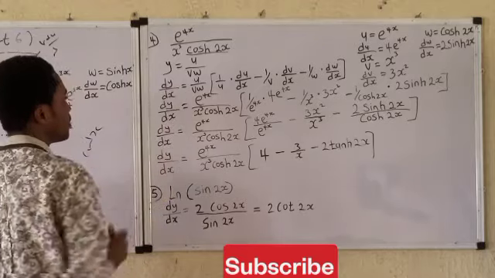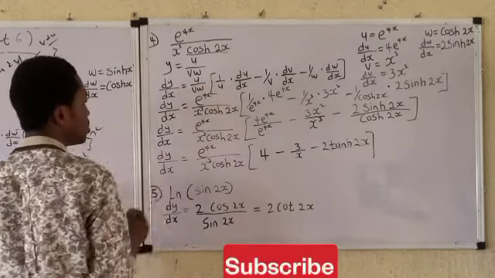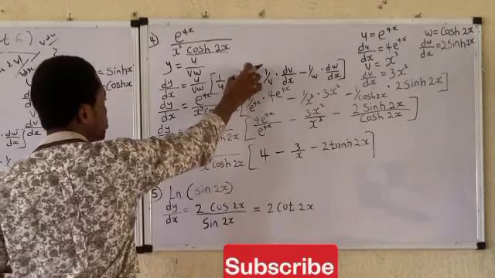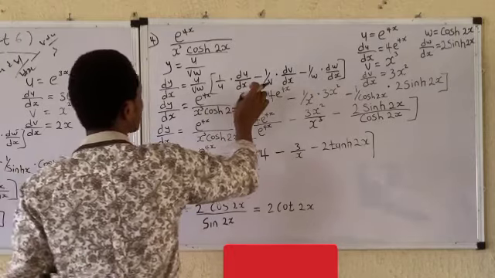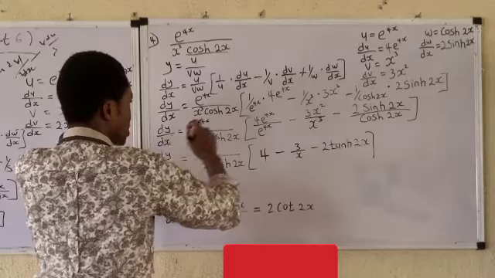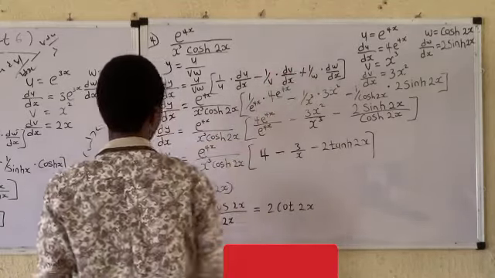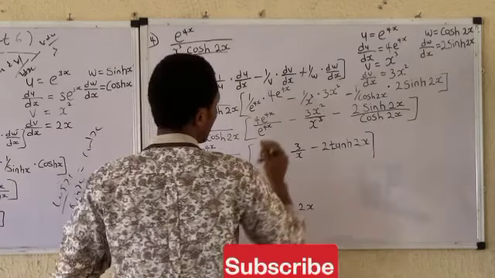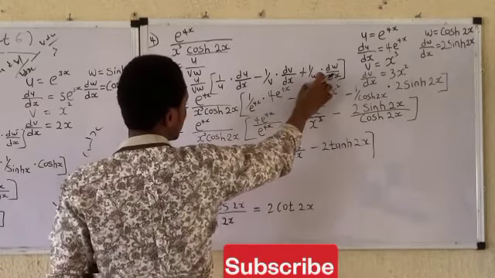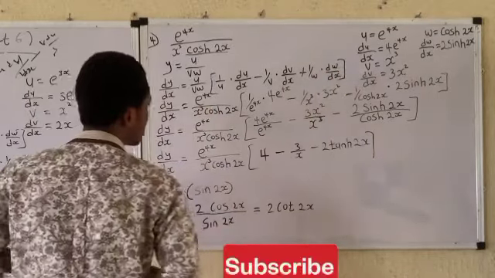Now, using the general formula, which says dy/dx equals u over vw, bracket open, 1 over u times the differential form of u, which is du/dx, minus 1 over v times the differential form of v, which is dv/dx, and plus 1 over w times the differential form of w, dw/dx.